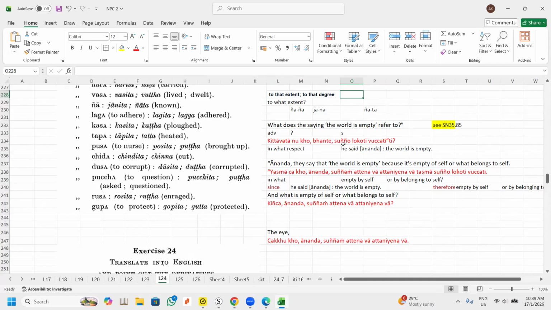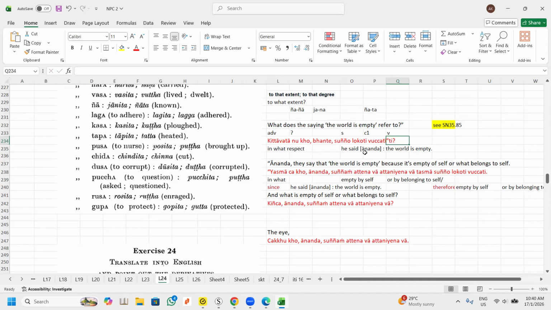Here it says suñño loko ti vuccati. This is the verb, vuccati. He said, because this is passive, we use ya. This refers to Ananda, because Ananda said it. So this is the subject, also a nominative singular.